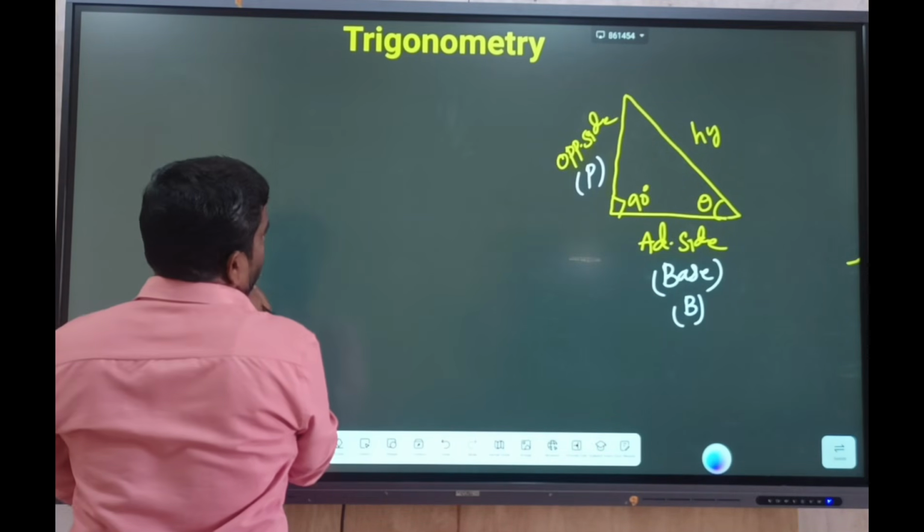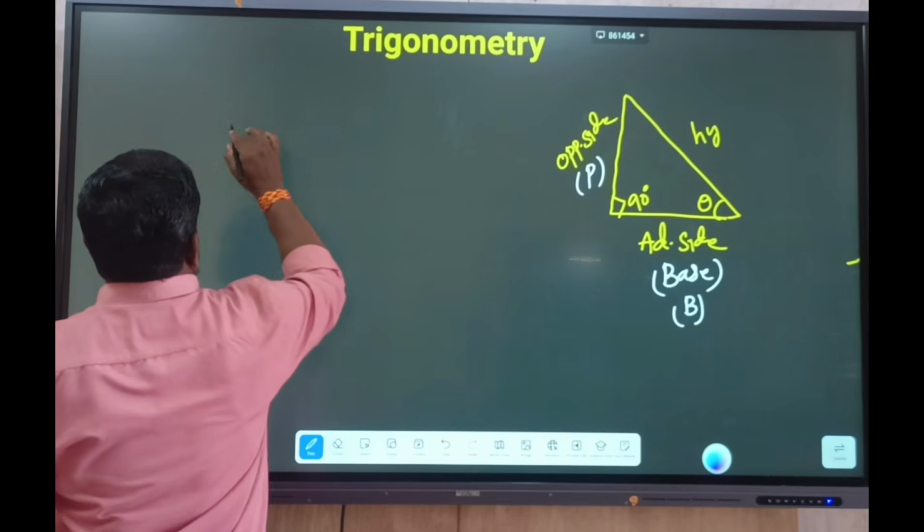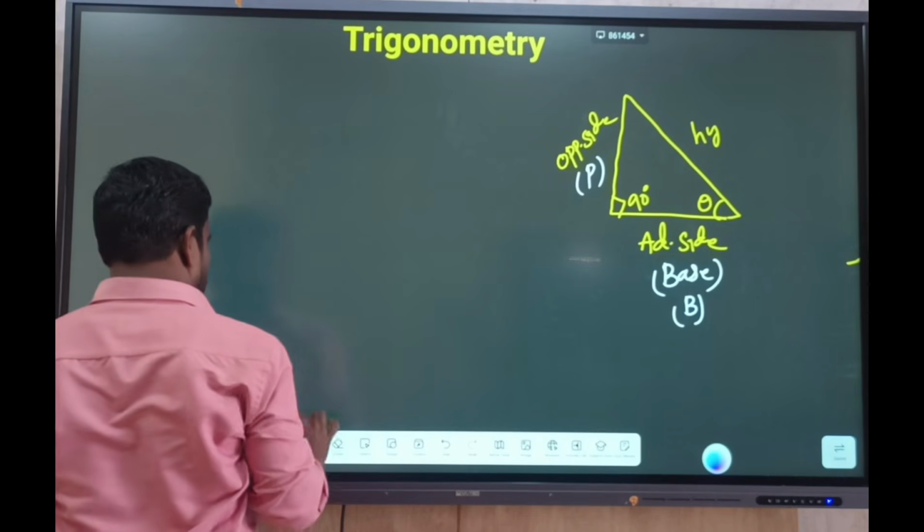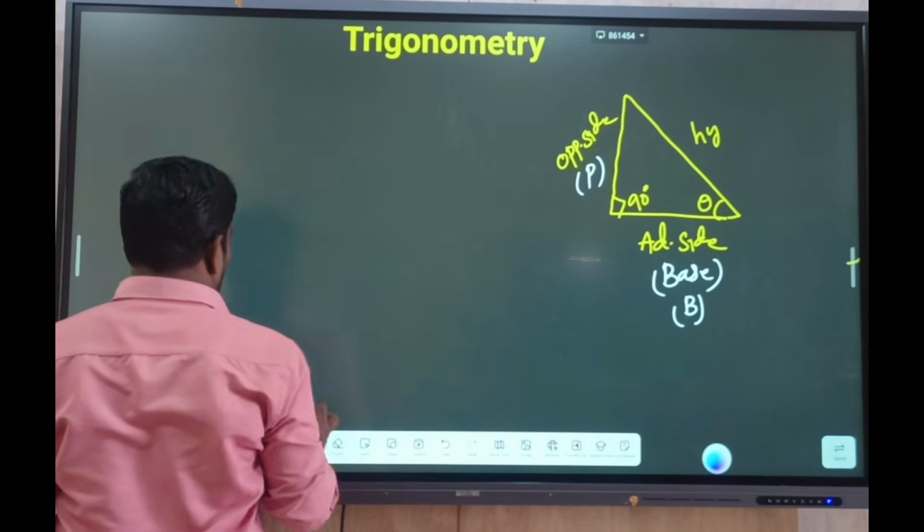Now, for example, first I am taking sin theta, cos theta, tan theta, the three primary trigonometry ratios.